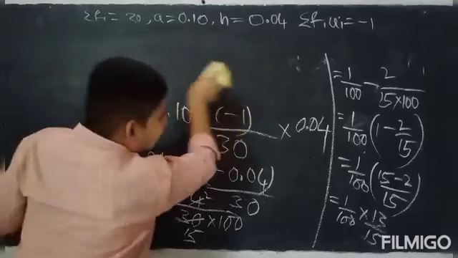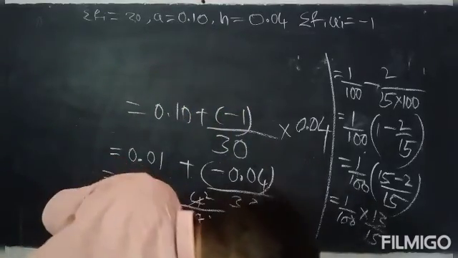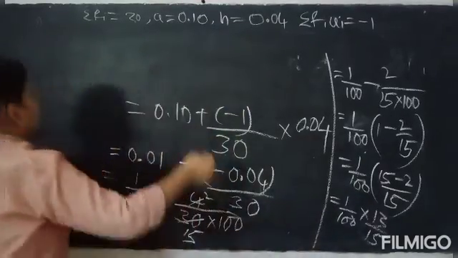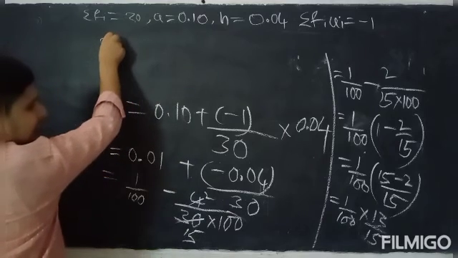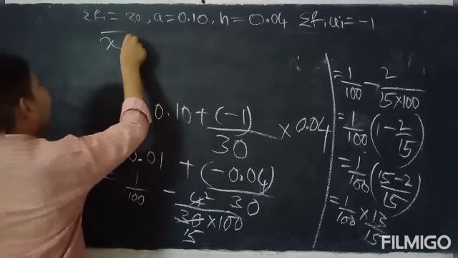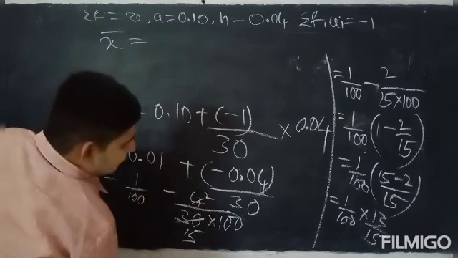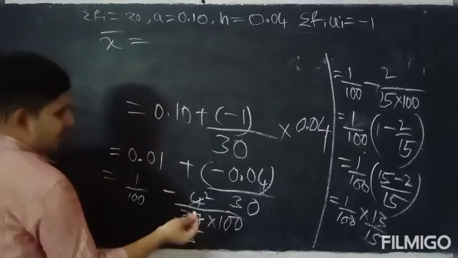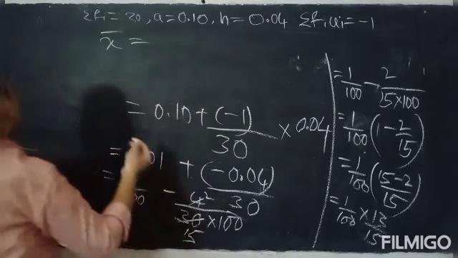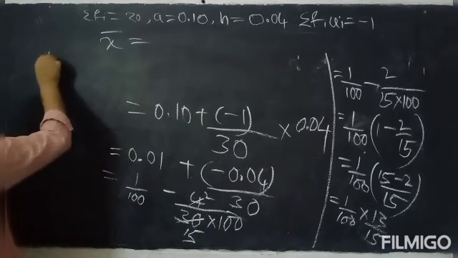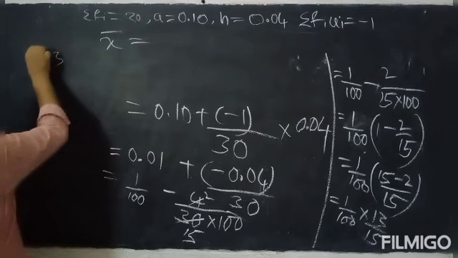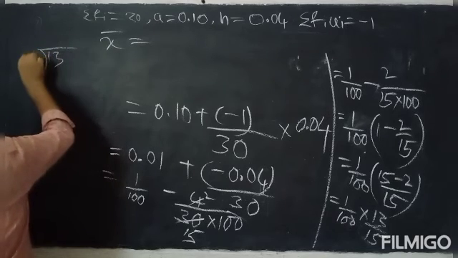So the value is x bar equal to 13/15. How much? 13 divided by 15. Do 13 divided by 15.